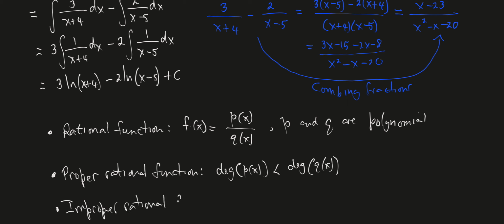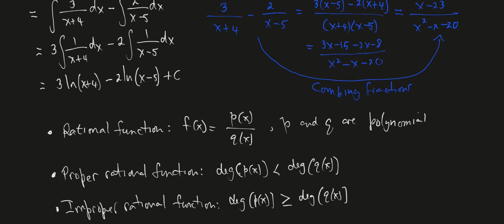An improper rational function is one in which the degree in the numerator is greater than or equal to the degree in the denominator. So the degree of p of x is greater than or equal to the degree of q of x.